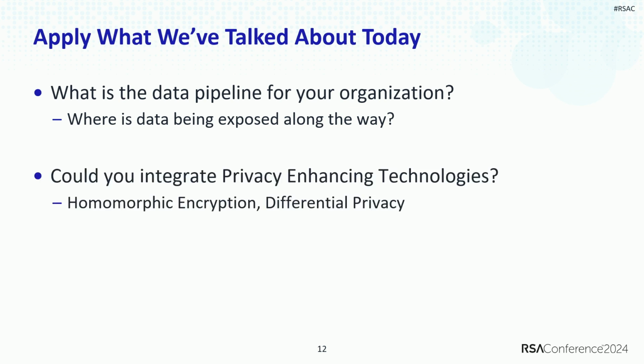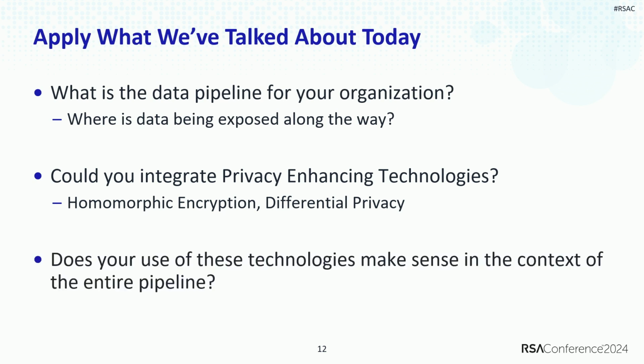Cool. If you think about these exposures and you're not quite comfortable with them, or your regulator isn't quite happy with them, can you integrate privacy-enhancing technologies? In particular, the two we've talked about today, homomorphic encryption and differential privacy. And third, and I think this is the real moral of this presentation, is: does your use of these technologies make sense in the context of the entire pipeline?